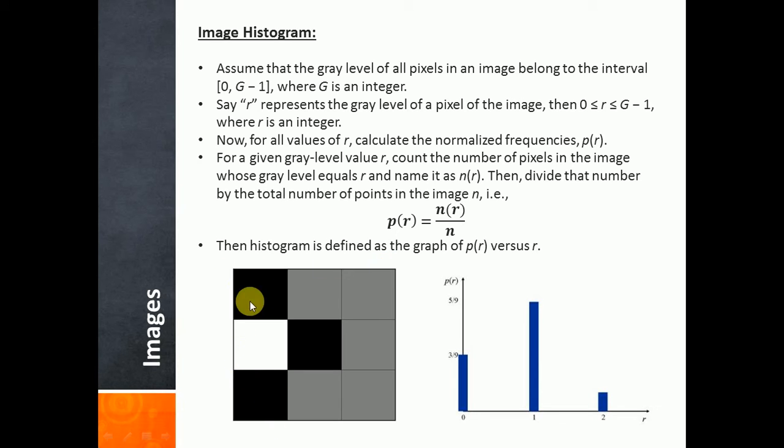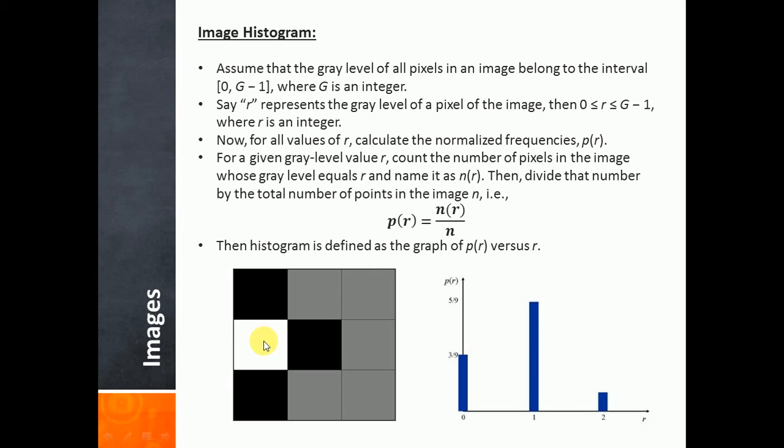Here you have 9 total points, therefore N stands for 9, because there are 9 pixels, 9 boxes in this case. This represents the brightest point, the brightest level being 2, and there's only one of those, so the probability is 1/9.